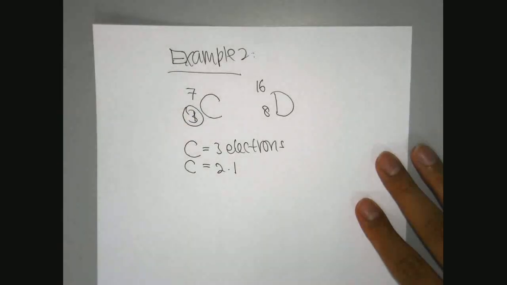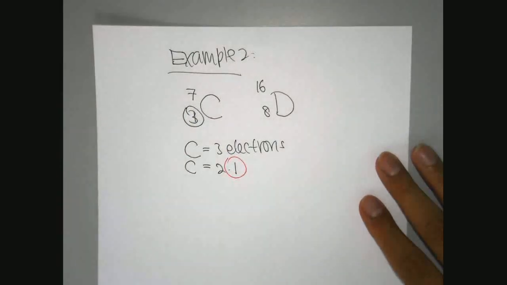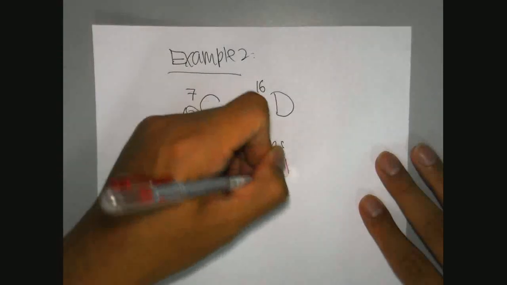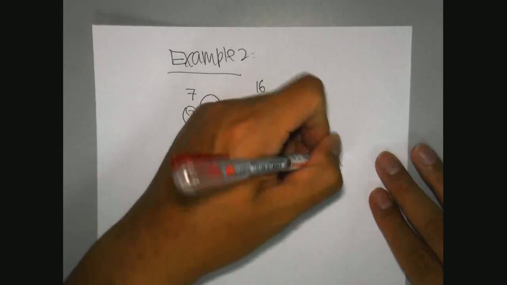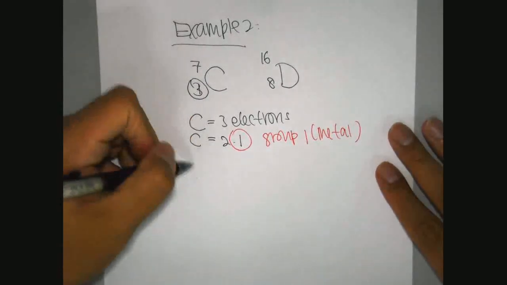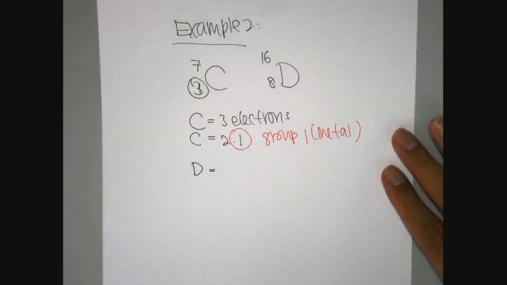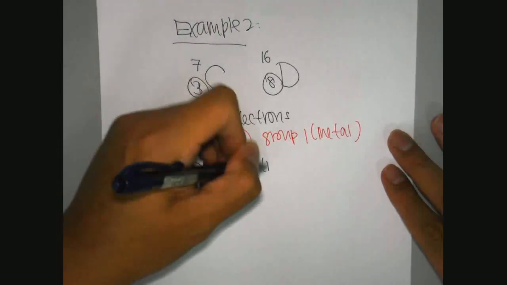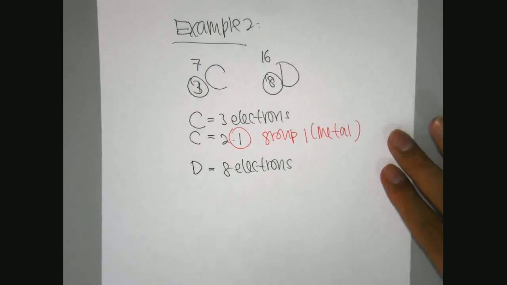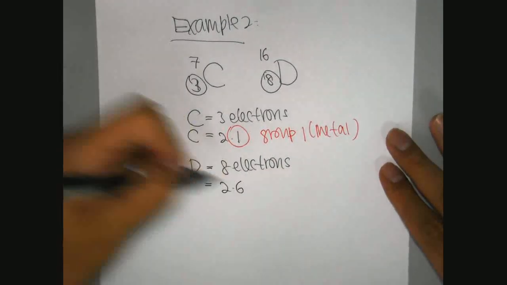So when we have 1 outer electron, this substance belongs to group 1, and group 1 is metal. For substance D, we have 8 protons, so 8 protons is equivalent to 8 electrons. When we have 8 electrons, the arrangement would be 2.6.